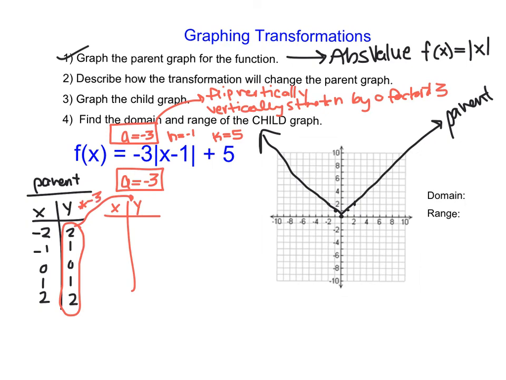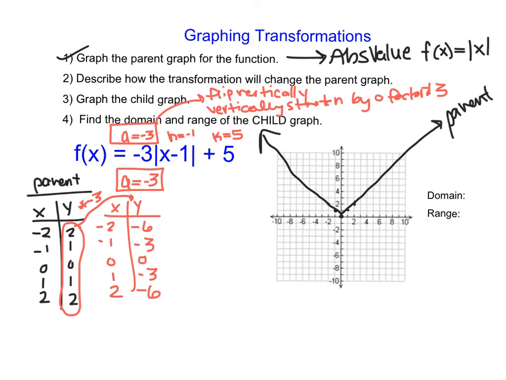And in doing so, I'm going to flip them and stretch that graph to be 3 times as tall. So 2 times -3 is -6, 1 times -3 is -3, 0, then we still have -3 and -6. Now my x values are going to stay the same because this is a vertical stretch and a vertical flip, not anything to do with those horizontal values.